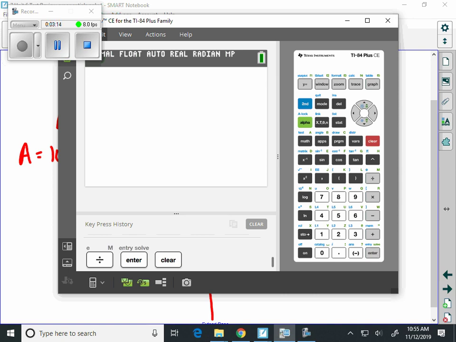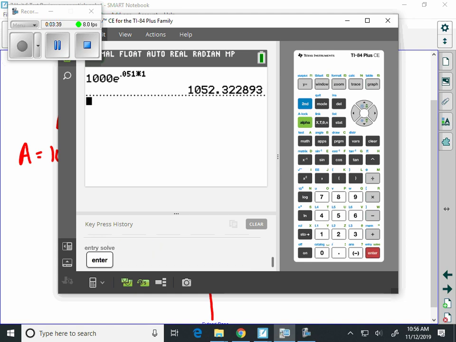So when we type this in, 1,000, I'm going to use second ln because it gives you the option of putting an exponent in. If you have an out-of-date calculator, you need to put parentheses in right now. But then we're going to type in our 0.051 times 1. And when we press enter, we're going to get this value here.